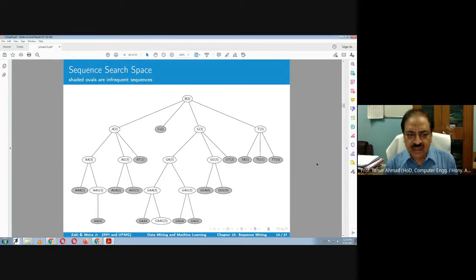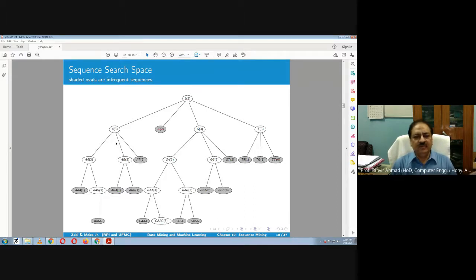Therefore, you do not require to generate AA with T. Now, similarly, I will do it for AG with A. I find all those extensions and again check the database to see whether AAA is frequent or not, AAG is frequent or not.